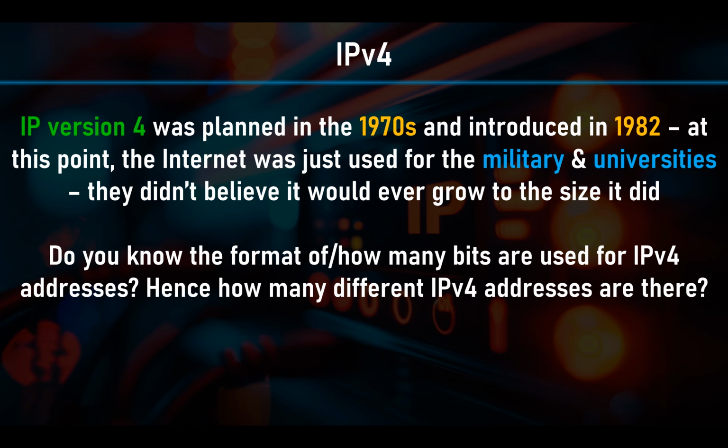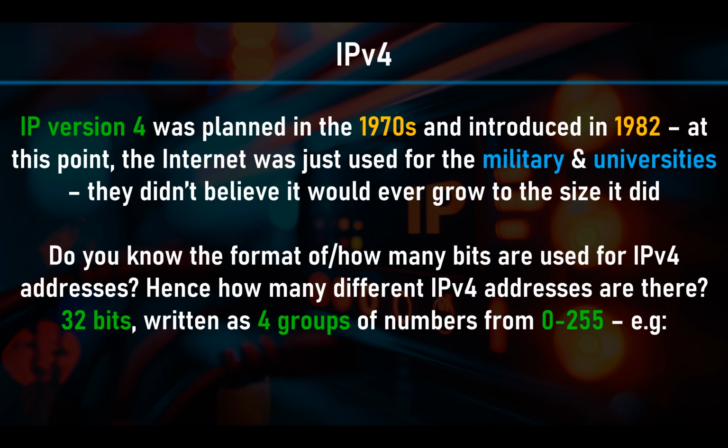Some people might know this if they've done IG, but let's look at the format of IP version 4. Let's think about how many different IP version 4 addresses there are. IP version 4 is 32 bits, and addresses are written as 4 groups of numbers, from 0 to 255. That's going to be in denary format.